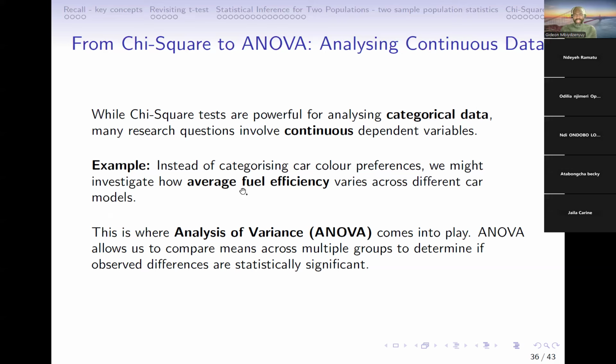The way to do this kind of analysis is using something like ANOVA, which allows us to compare the means across multiple groups to determine if observed differences have any statistical significance. So if you're asked in an exam to describe ANOVA tests, keep in mind that, number one, it is a statistical test used for continuous data.